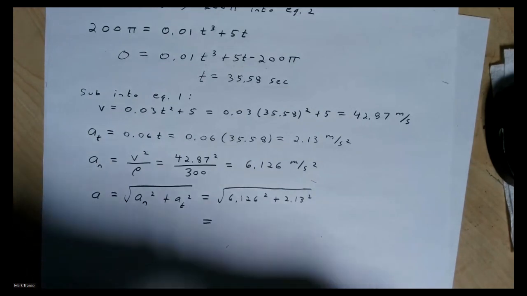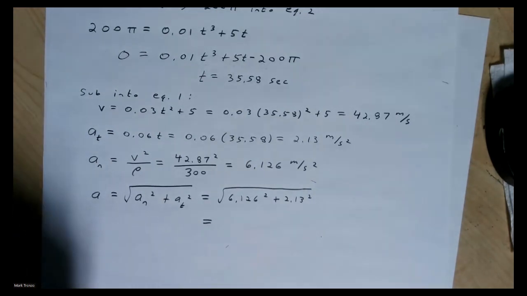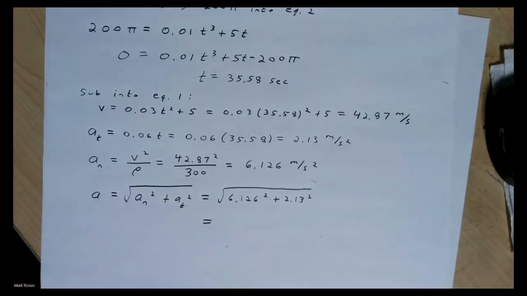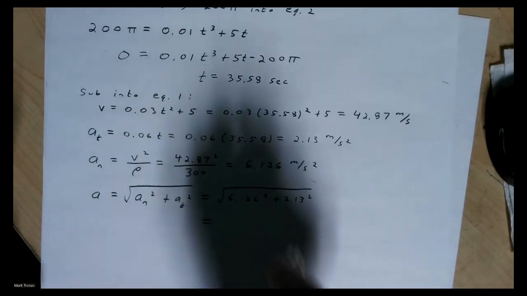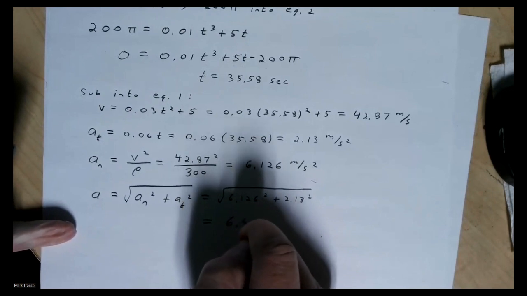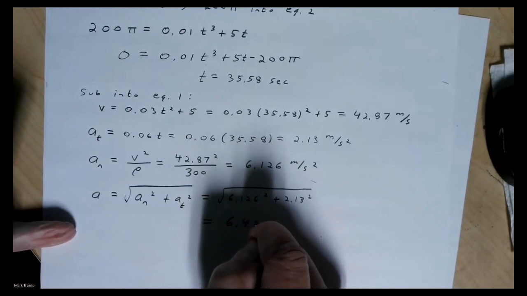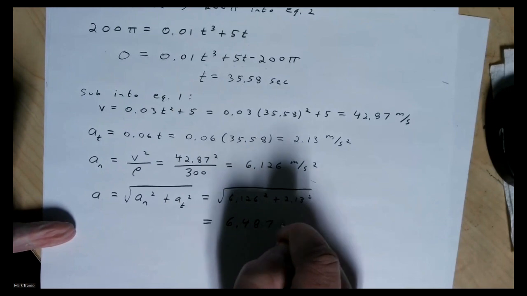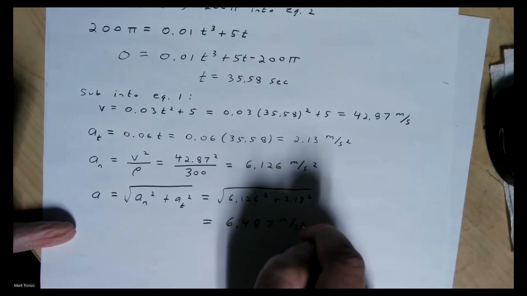Put that in your calculator, and I'm rounding this a bit, so it's 6.487 meters per second squared.